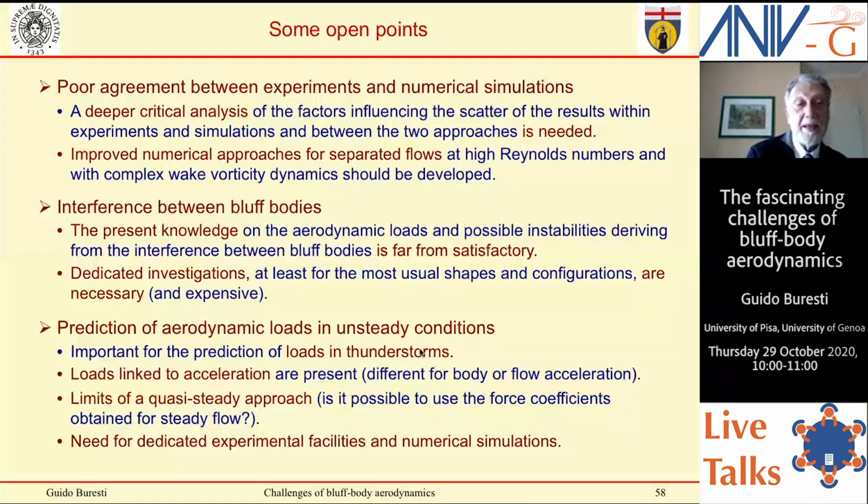And remember, these loads linked to acceleration are not the same if the body is accelerating or the flow is accelerating. And this is one thing that not everybody remembers. What we have to do is to understand which are the limits of a quasi-steady approach, which means, is it possible to use the force coefficients we obtain for steady flow in wind tunnels or numerical simulations? So what we need are dedicated experimental facilities and numerical simulations.